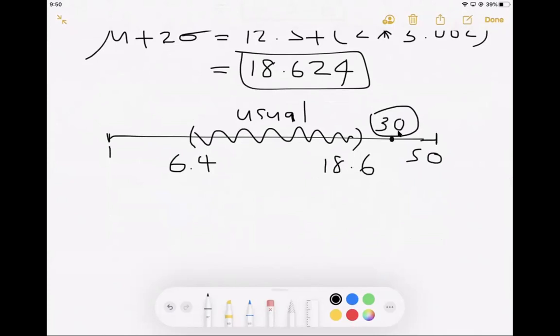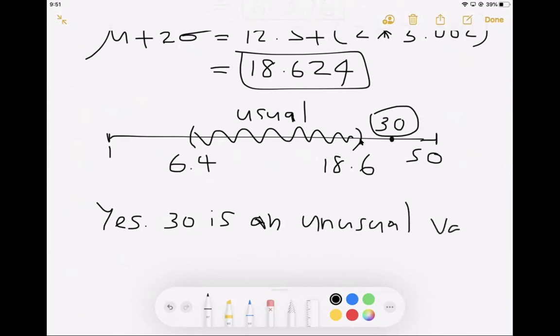Because 30 correct answers is out of the boundaries, out of the upper boundary. So, would it be unusual? Yes. Why? Because 30 is an unusual value. This is an unusual thing because 30 is out of boundaries.